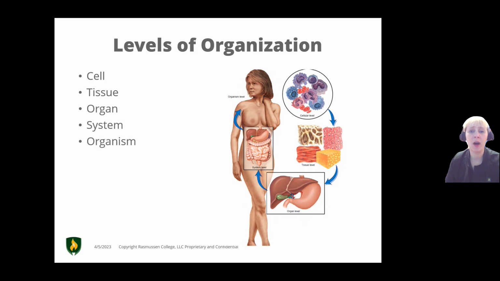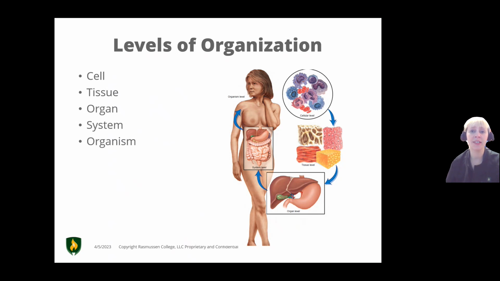When you have a group of tissues working together, they form an organ. So at least two or more tissue types have to be working together in order to create an organ. When you get a group of organs working together, they create an organ system.